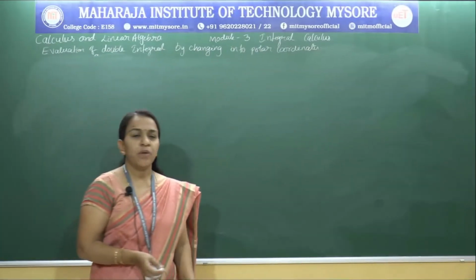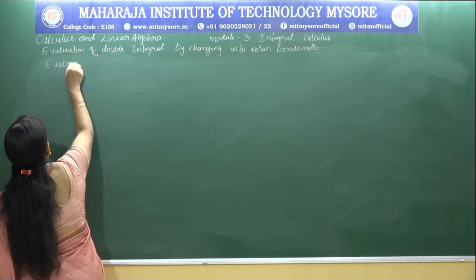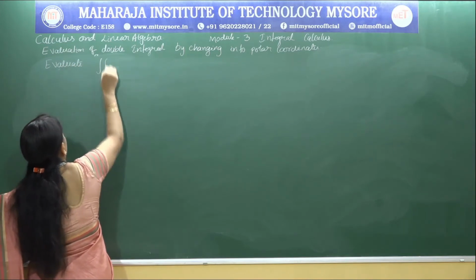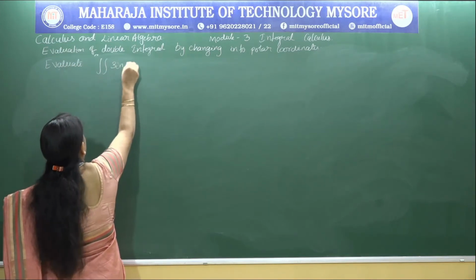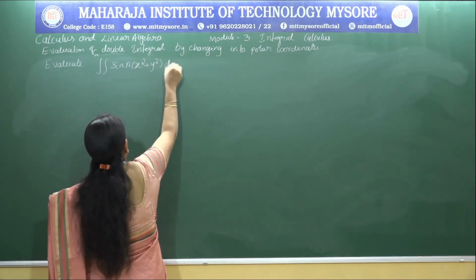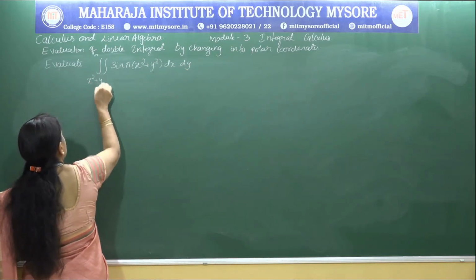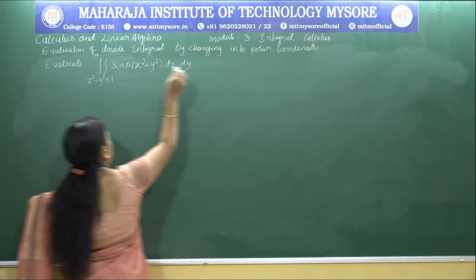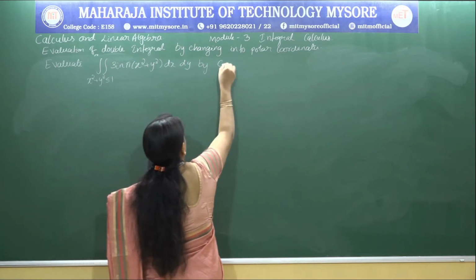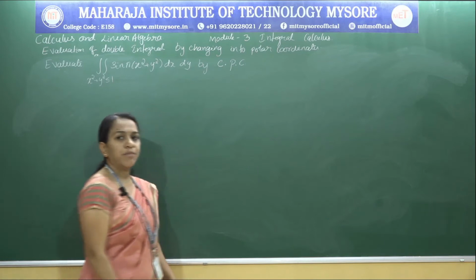So next problem, evaluate the double integral sin of pi into x square plus y square dx dy over the region x square plus y square less than or equal to 1 by changing into polar coordinates.